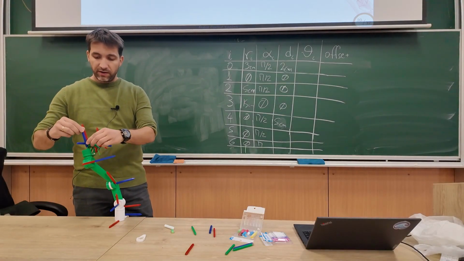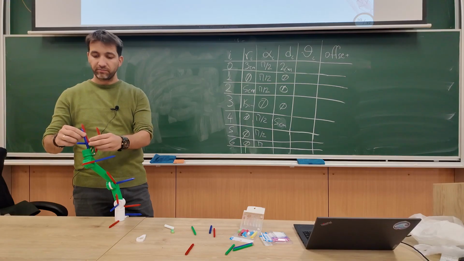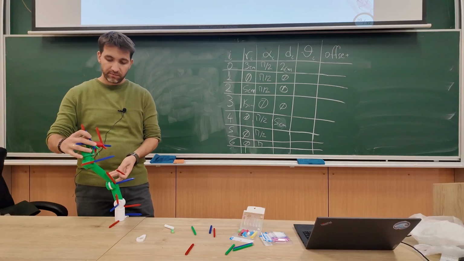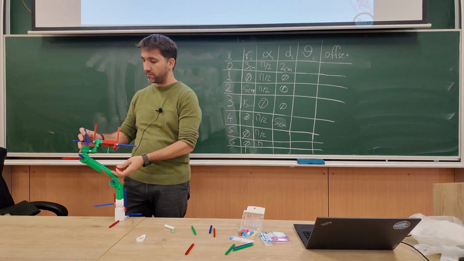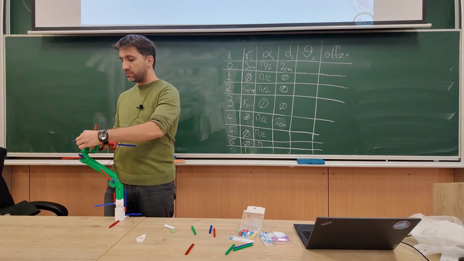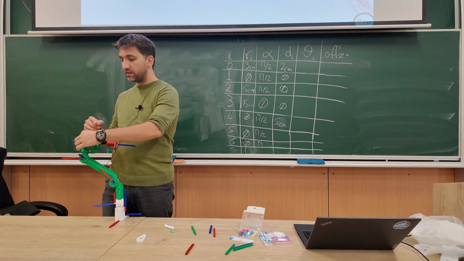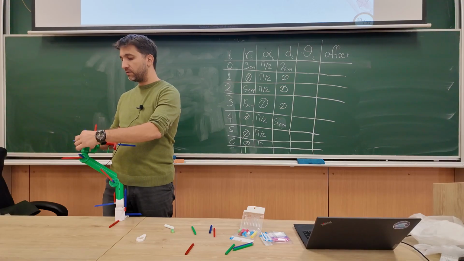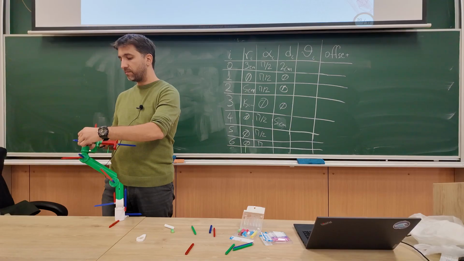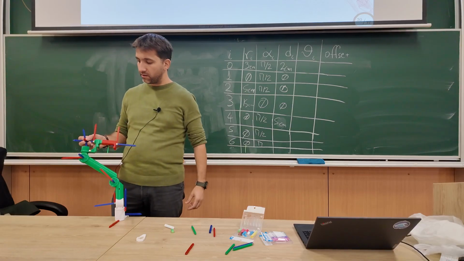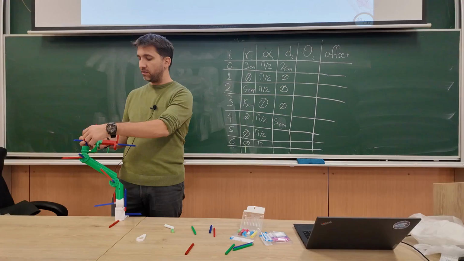Then we have, let me rotate this one, x5, x6 along z6. And what do we have here? This distance?